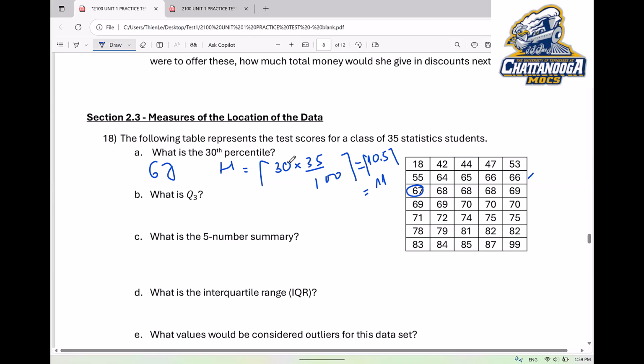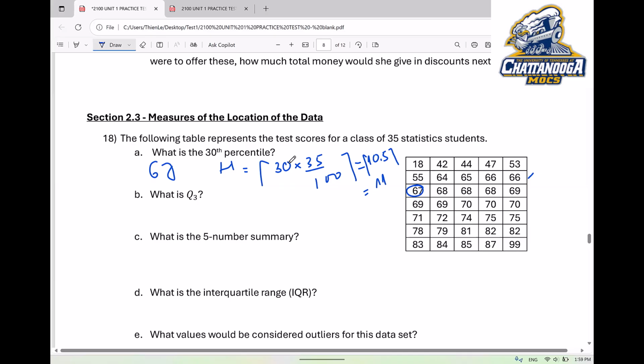And then what is Q3? The five-number summary, the IQR, and we also need to look at the outliers, right? So to answer these questions, Q3 is the 75th percentile. You can follow the same strategy like we did in A, right?